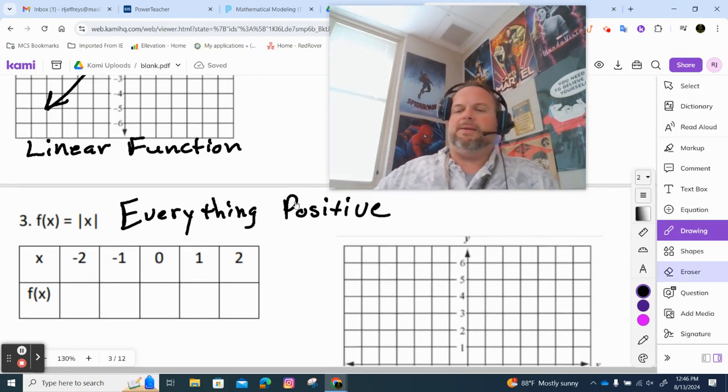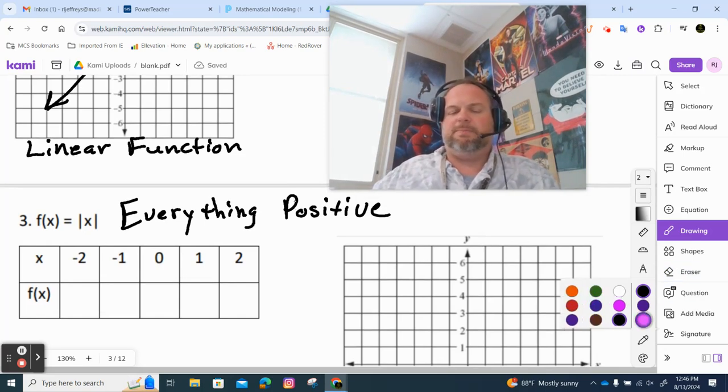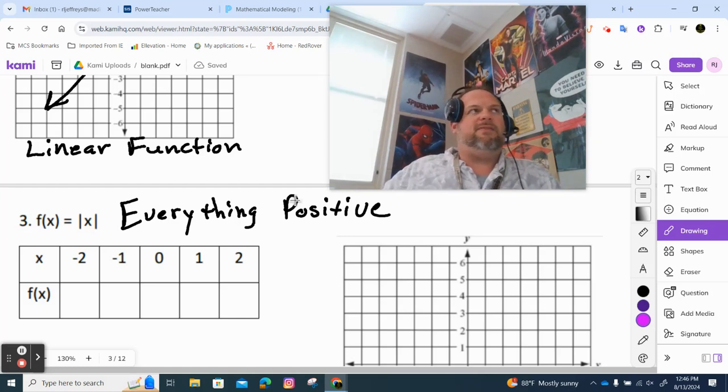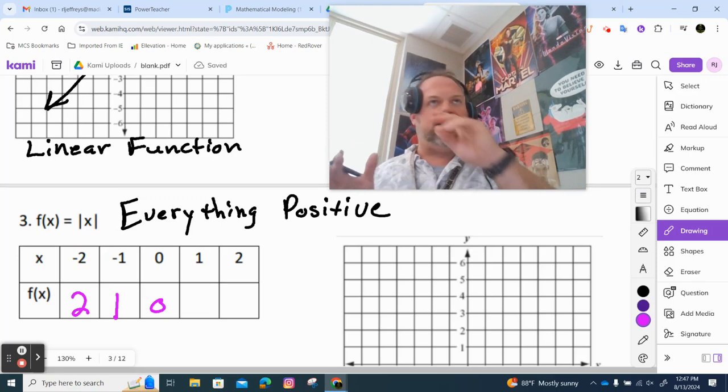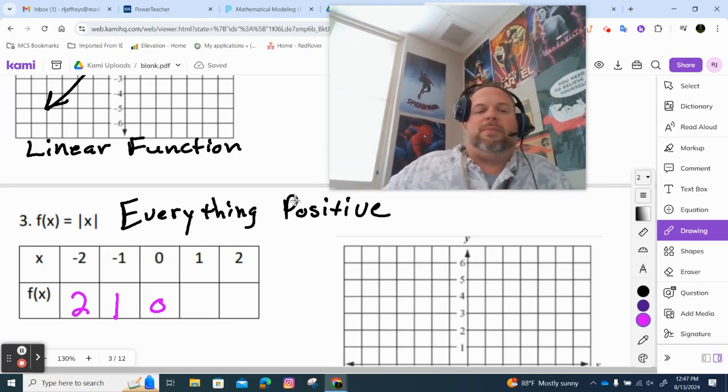So think about it, which made it difficult. If it makes everything positive, if I plug in a -2 into that, what's it going to spit back out? A 2. If I put in a -1, what's it going to spit back out? If I put in a 0, what's it going to spit back out? 0, because 0 is neutral. It's neither positive nor negative. All right, what about 1?